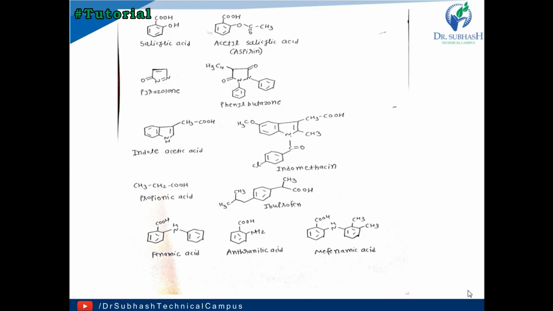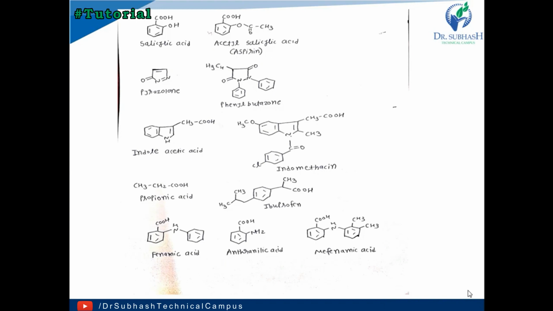Third structure is indole acetic acid. In the indole structure, acetic acid is attached, and its derivative is indomethacin. In indomethacin, the methoxy group is on the 6-membered ring, and chlorobenzene is attached to the 5-membered ring. Next category is propionic acid, which means CH3CH2COOH.